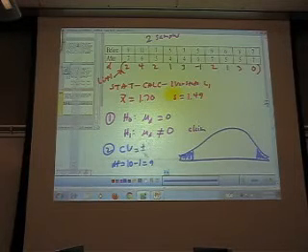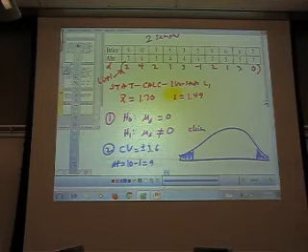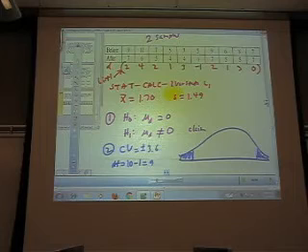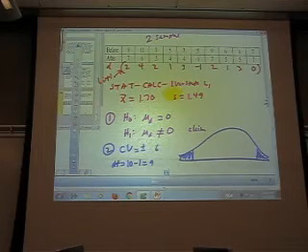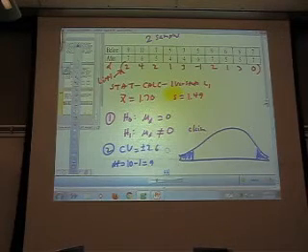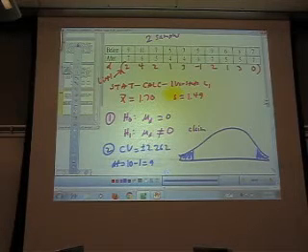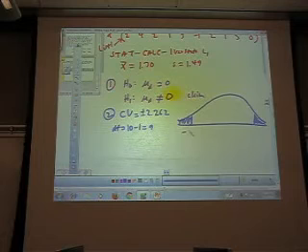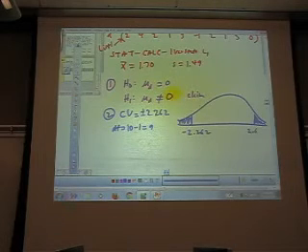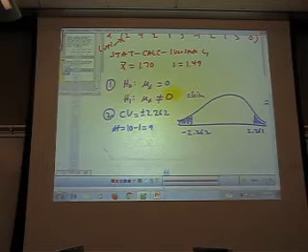Plus and minus 2.262. Yes, great. 2.262, positive and negative.